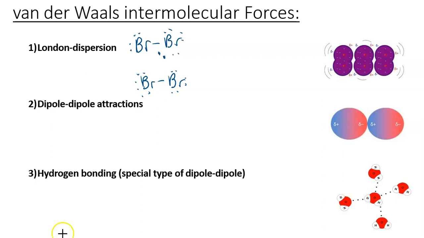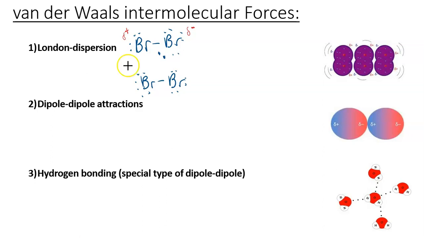If we do that, then this bromine will now have a partial positive charge because it lost electron density. And the other one will have a partial negative charge because it gained electron density just for that moment.